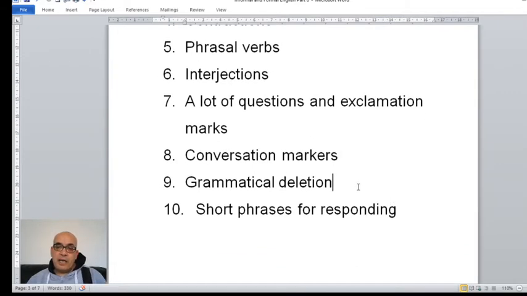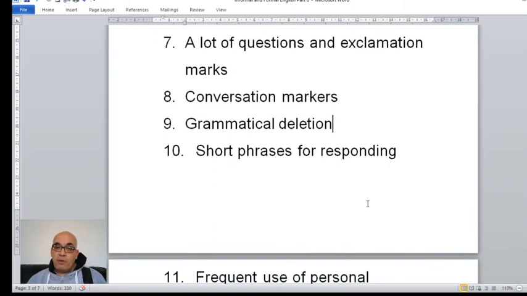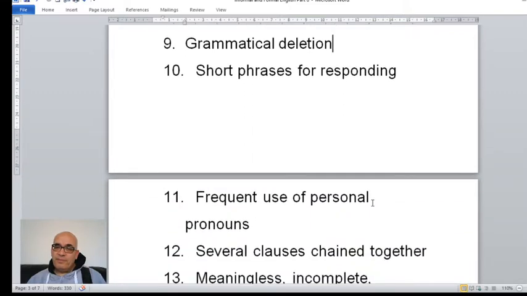Grammatical deletion, again, I explained this. If I say sounds good, this is informal. It sounds good, this is formal. So don't delete it before sounds good in formal English. Again, short phrases for responding, fine, this is informal. I am well, this is complete, this is formal.